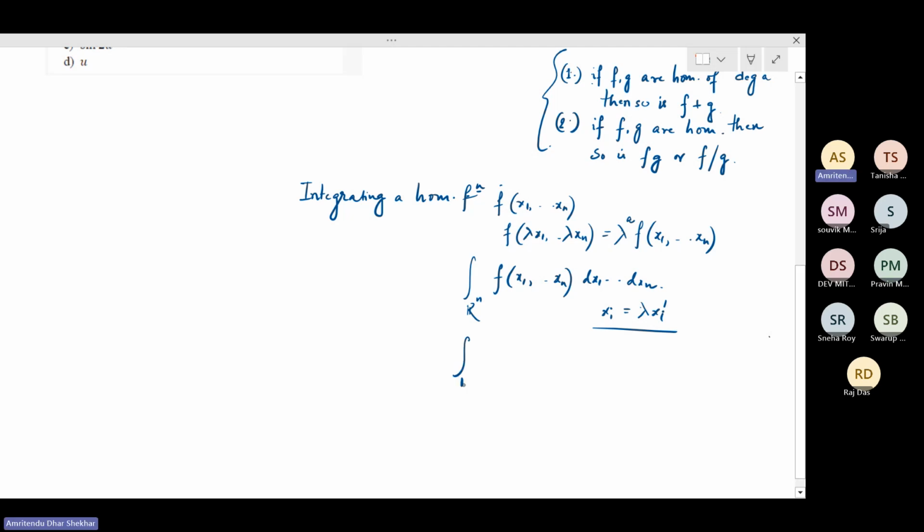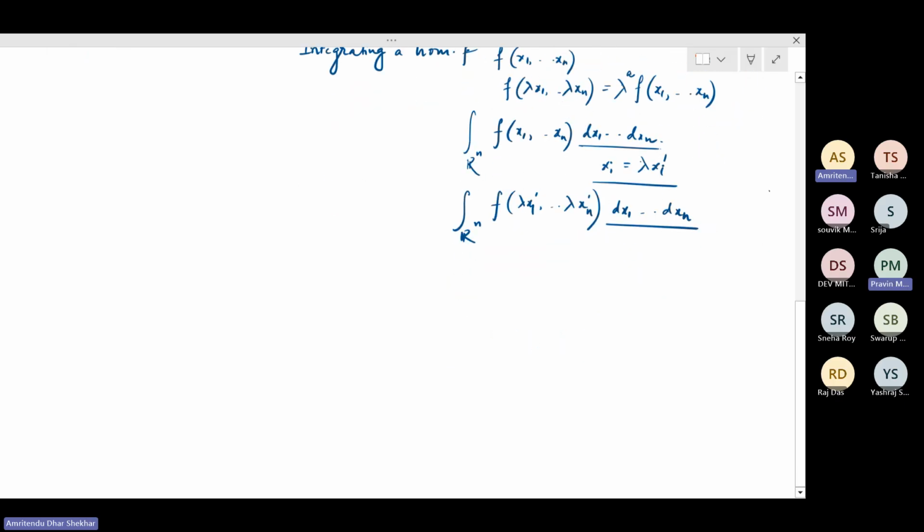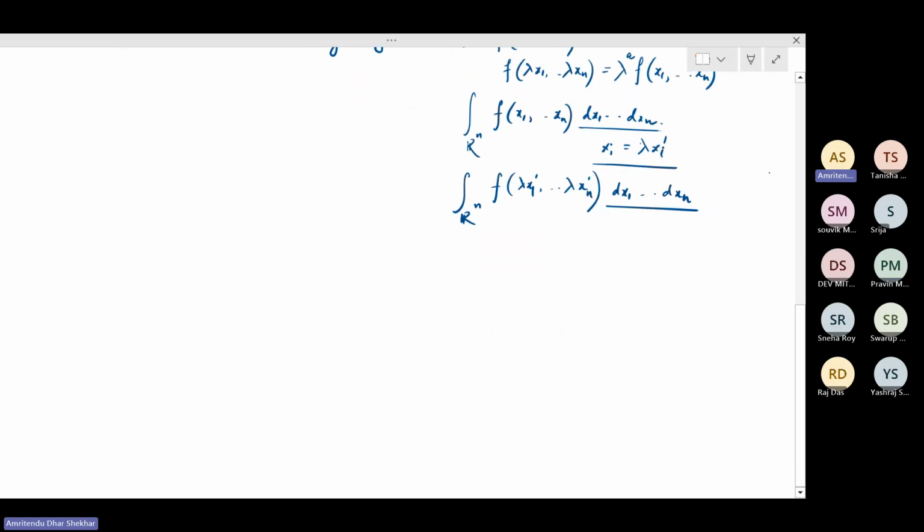Integration over Rn f of lambda x1 dash up to lambda xn dash, and then you have dx1 to dxn, but you have to change the differential term over here into the corresponding term.